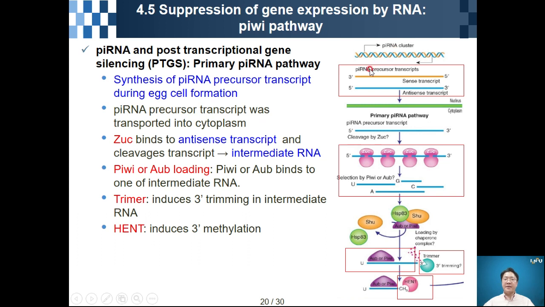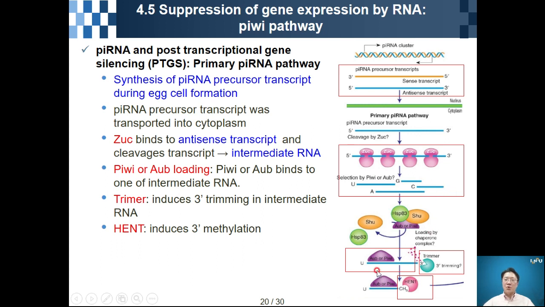After the piRNA precursor transcript was synthesized during egg cell formation, this precursor was transported into the cytoplasm, and Zucchini bound to the antisense transcript and made the intermediate RNA.